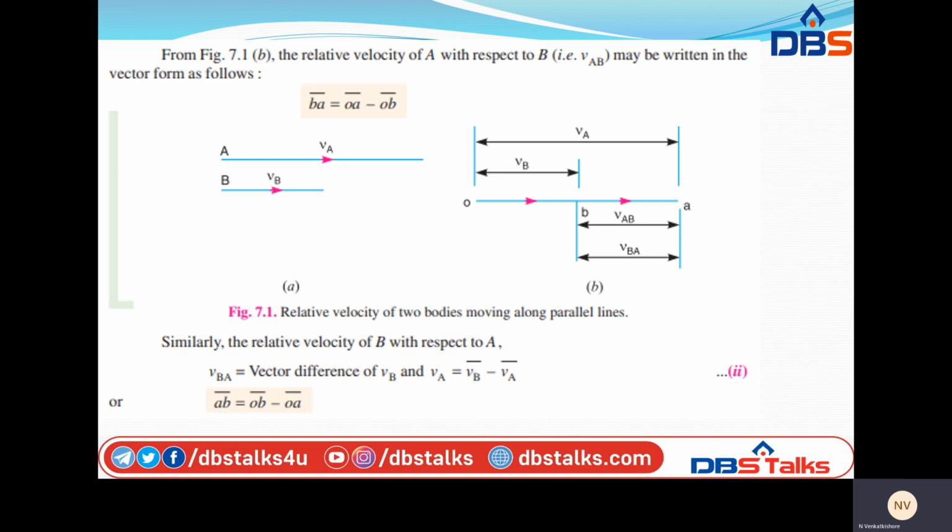So indirectly we can say the difference vector AB is nothing but OA bar minus OB bar, for the relative velocity of A with respect to B. At the same time, the velocity of B with respect to A is vice versa, that is OB bar minus OA bar. This is only for relative velocity. Relative velocity means we are only calculating the difference.